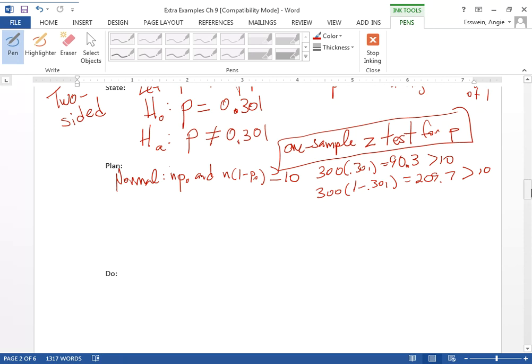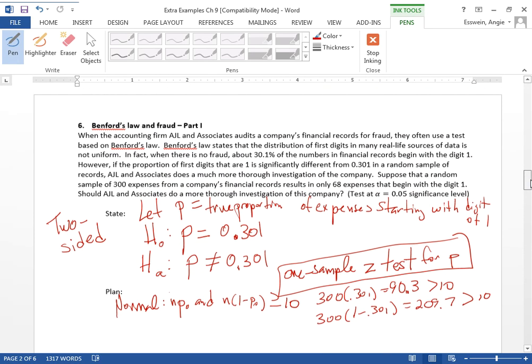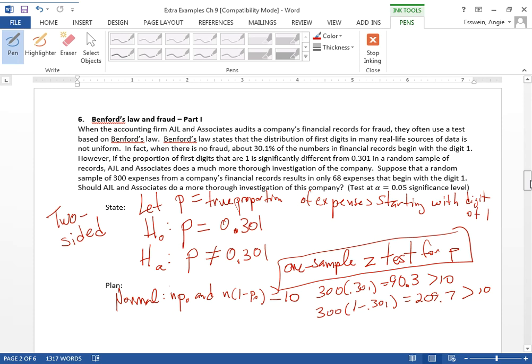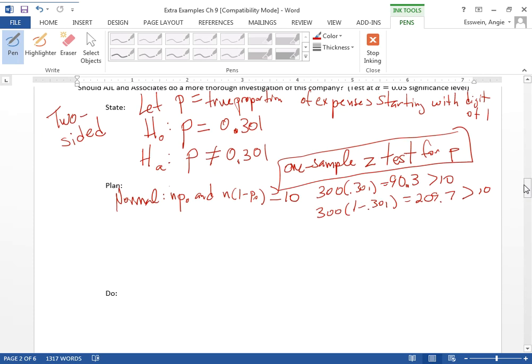Now we collect our sample and we get 68 out of 300. How far away is that from 30%? Let's put it in decimal form, otherwise it's really hard to tell. 68 out of 300 gives us 22.7%.